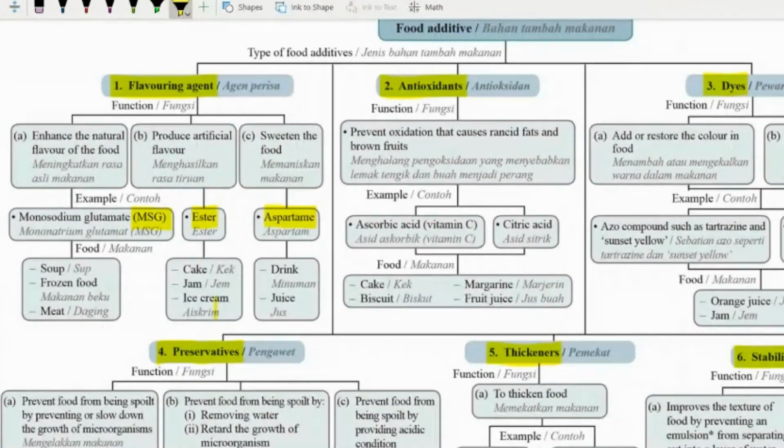Okay, next, antioxidant. What is the function? To prevent the oxidation that causes rancid fats and brown fruits. This is oxidation by oxygen, we learned already. So antioxidants prevent the oxidation. Examples: ascorbic acid, which is vitamin C, and citric acid, in foods like cake, biscuit, margarine, fruit juice.